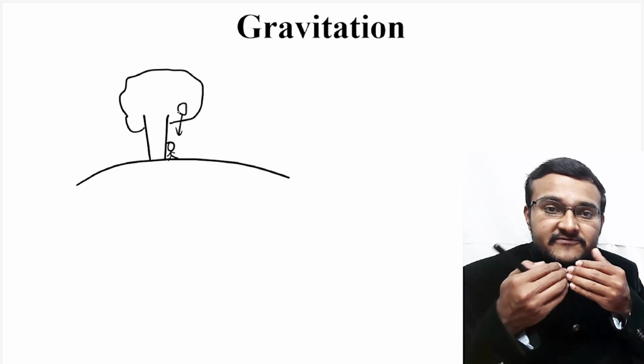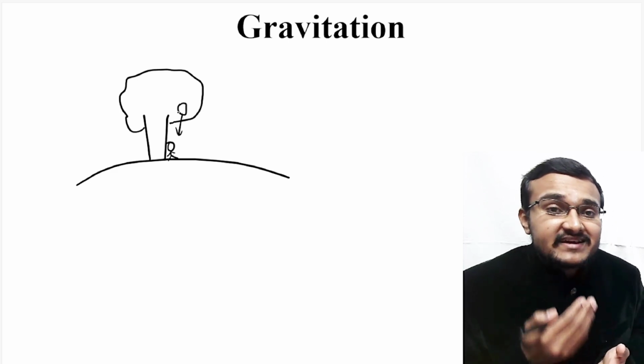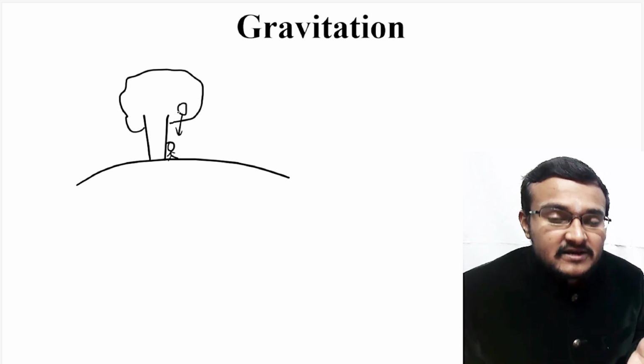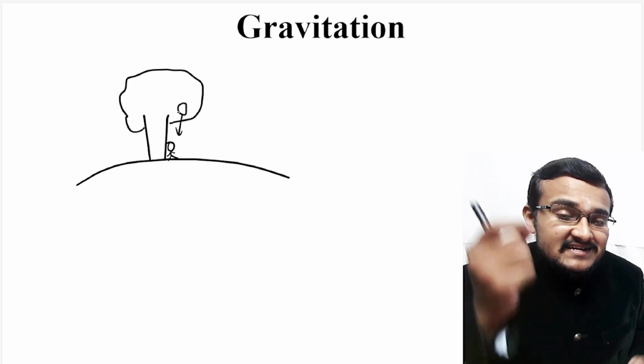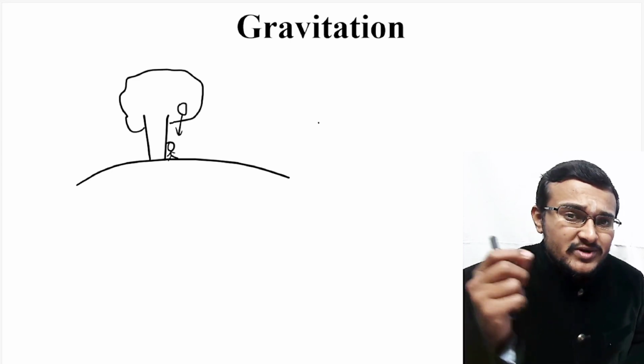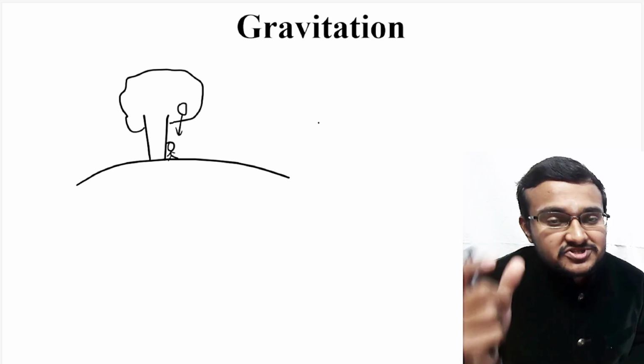When this fruit was detached from the tree, why didn't it go up, or why didn't it stay there itself? Why exactly did the apple fall down towards earth? By looking at this incident, Newton had questions in his mind.